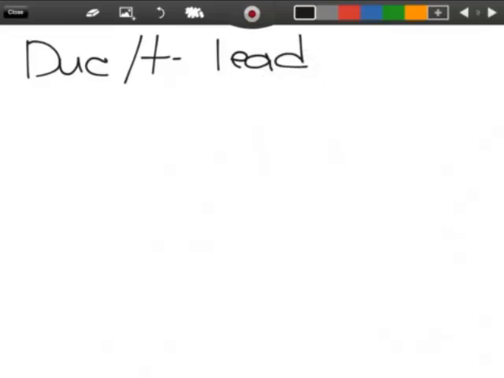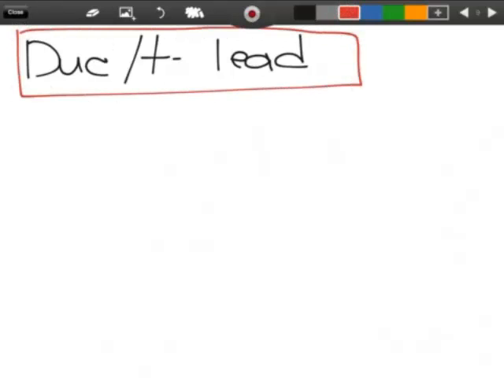Moving on. Duct, meaning to lead. This is also another commonly used root, so I'm going to put that in the box as well.